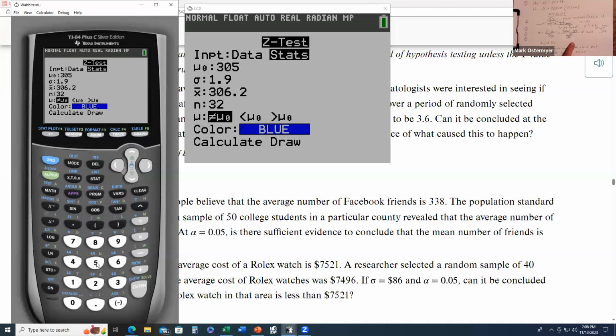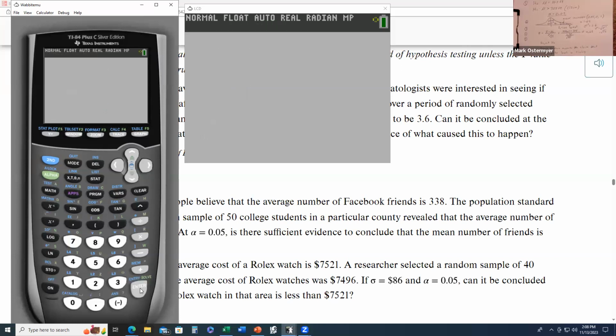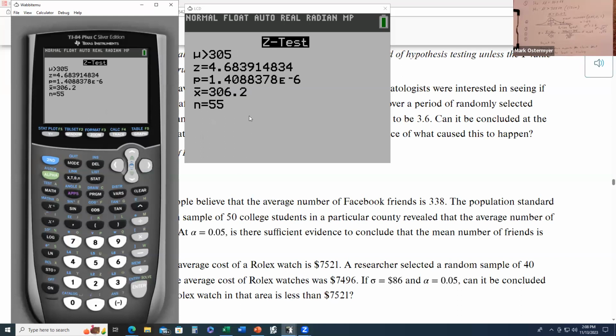And there were 55 randomly selected areas of the lake that were surveyed as far as its depth is concerned. This is an upper tail test. And I'll just calculate. And there you go. Notice your test statistic is 4.68. That's what we got using the formula.